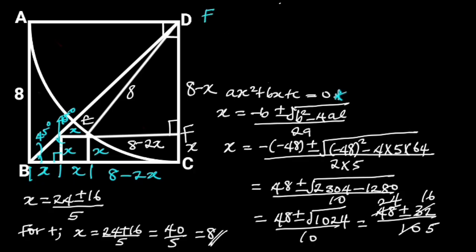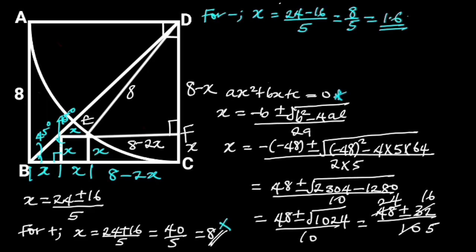For minus, x is equal to 24 minus 16, all over 5. 24 minus 16 is 8. 8 divided by 5 is equal to 1.6. The length of the smaller square must be less than 8. It follows that the side of the smaller square is equal to 1.6.